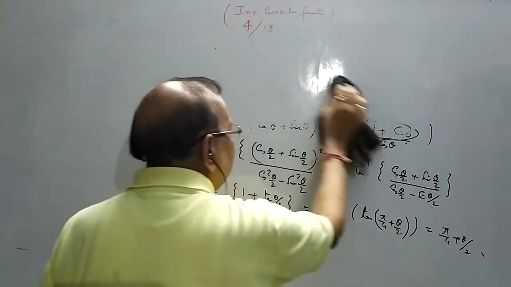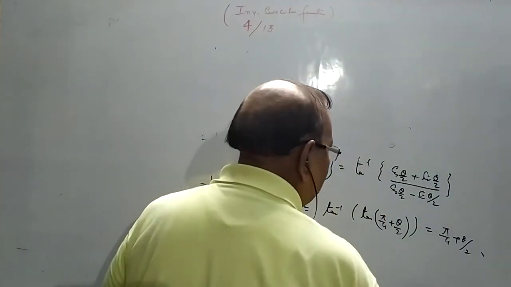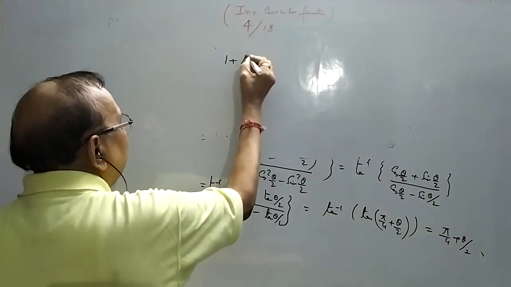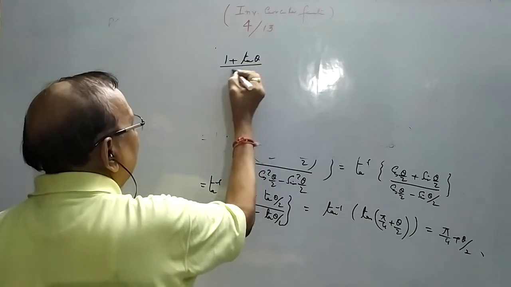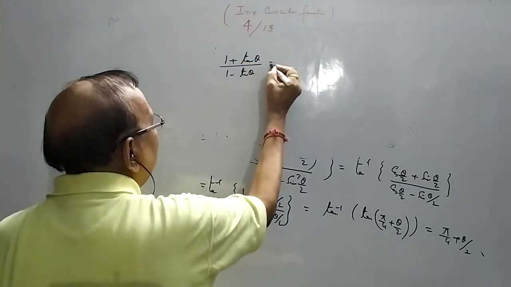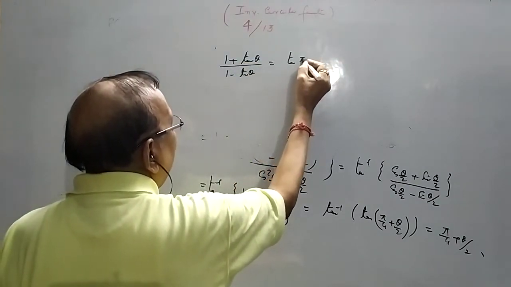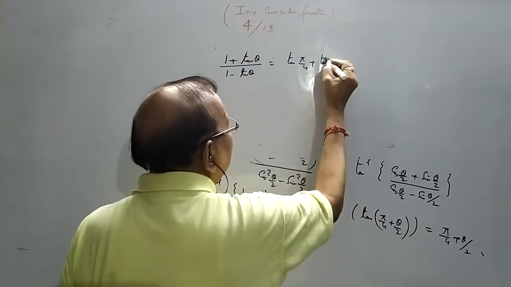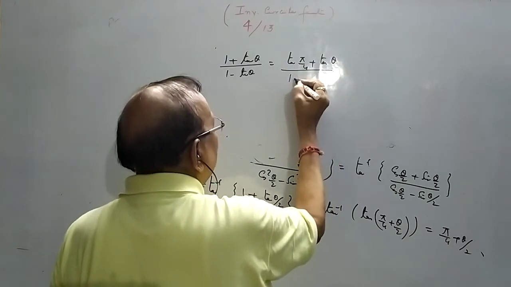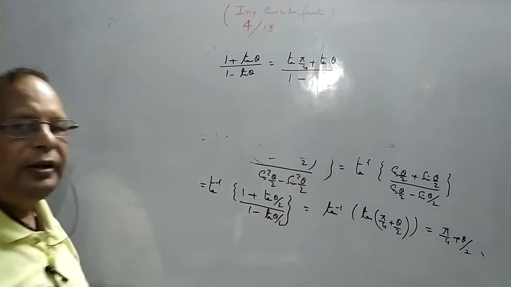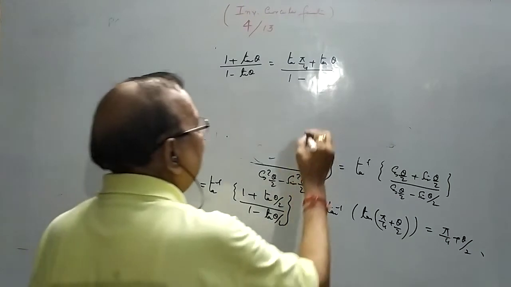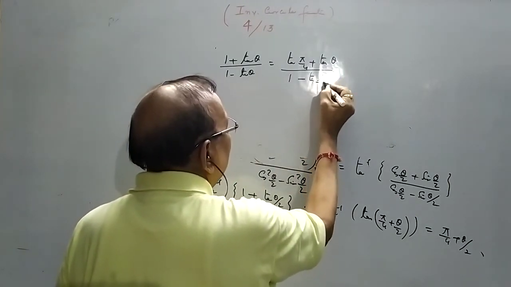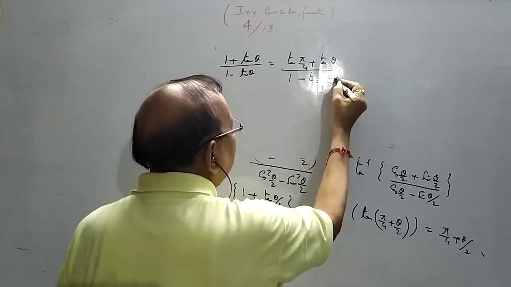Otherwise, you may get it by simplification. 1 plus tan theta upon 1 minus tan theta: you may write 1 as tan pi by 4, so it is tan pi by 4 plus tan theta upon 1 minus tan pi by 4 into tan theta.